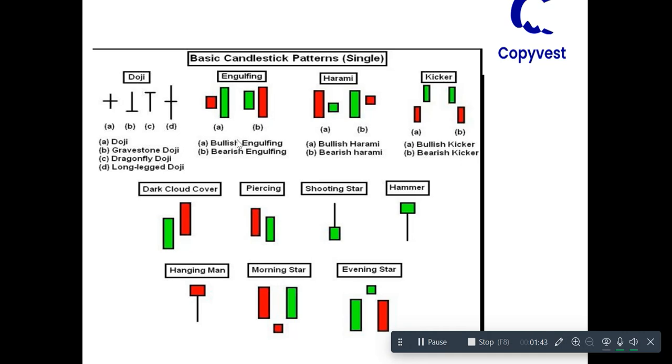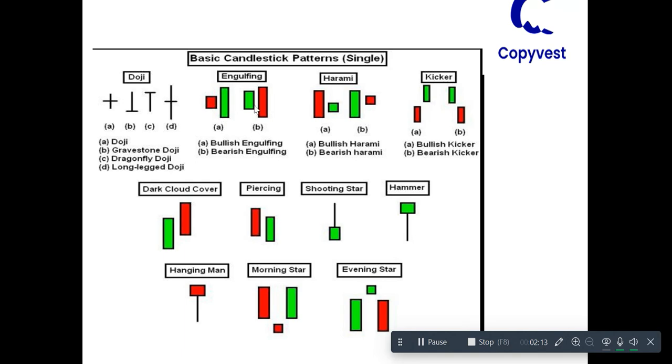Okay, now we have an engulfing. So whenever you see the red, it is bearish, green is bullish. Usually, that is a rule of thumb. Okay, so a bullish engulfing, a previous bearish candle is completely engulfed. And for it to be an engulfing candle, the bullish candle has to be at least twice the size of the bearish candle.